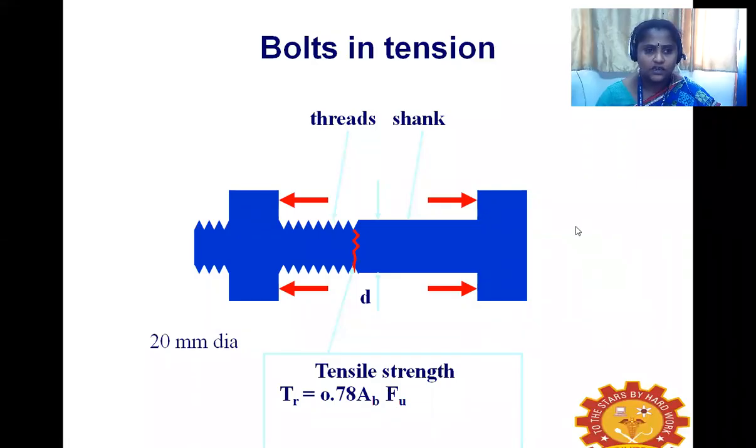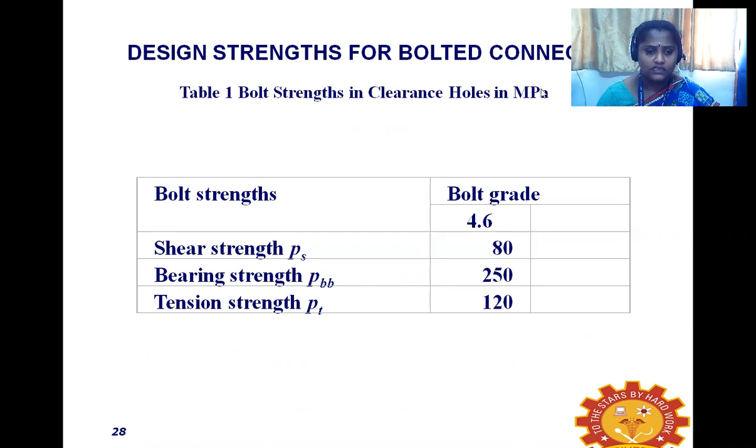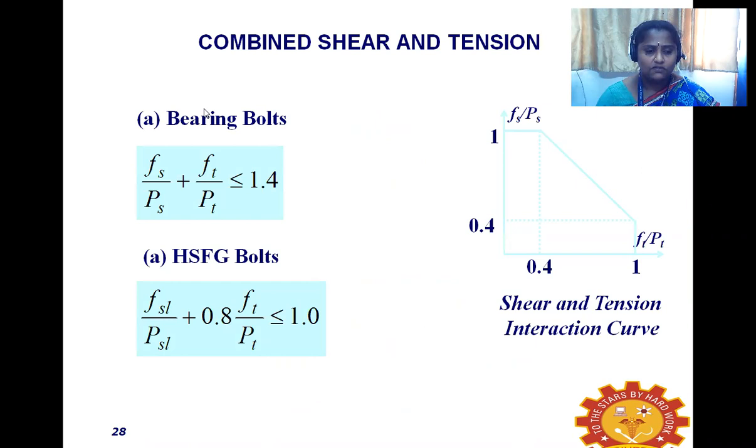Here you could see the bolt parts, thread, shank. The tensile strength of the bolt is calculated exactly at this zone. And this is the bolt's strength for bearing bolts and high strength friction grip bolts.